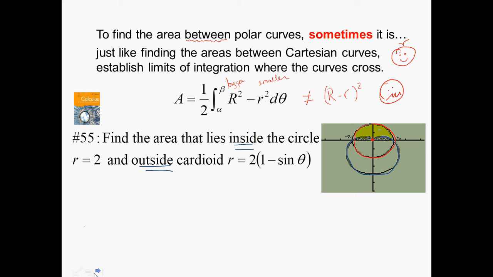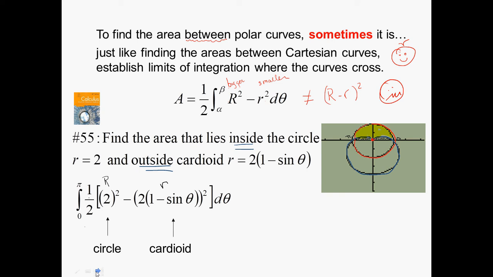So here's what that looks like. I went from 0 to pi. Here's my 1/2. I could leave it here or I could put it outside. This is capital R squared minus little r squared. You see what that is?